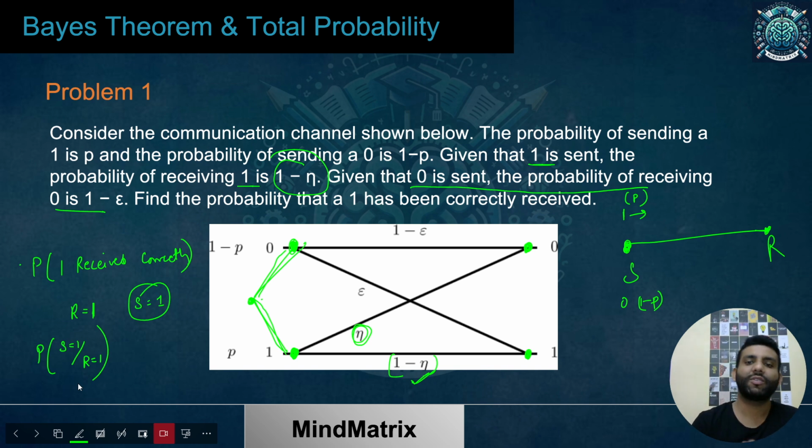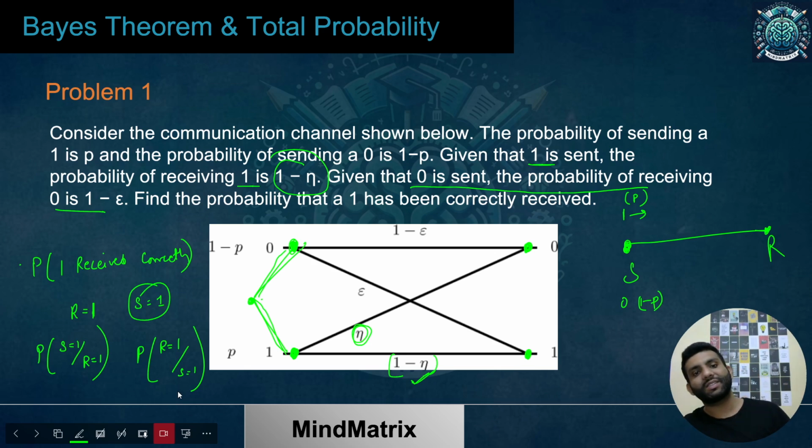Given that one is received, you are calculating the probability that one was sent. This is the probability I'm looking for. So how can I calculate this kind of probability? What would be the difference if I write it the other way? It would mean: if one is sent, what is the probability of receiving one?